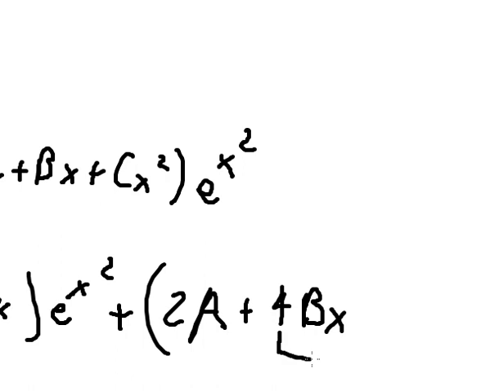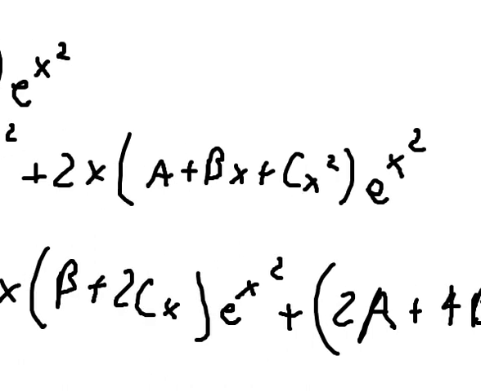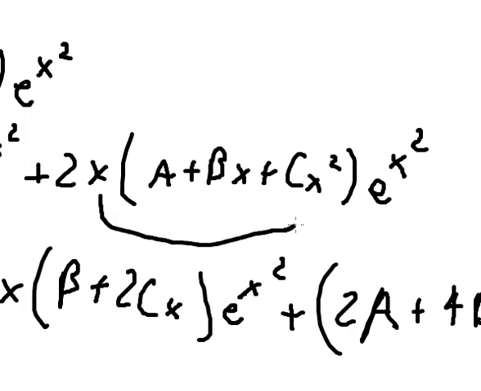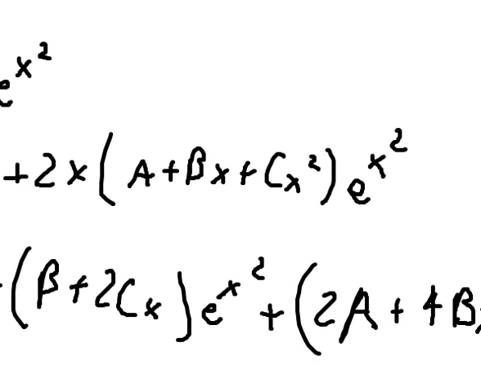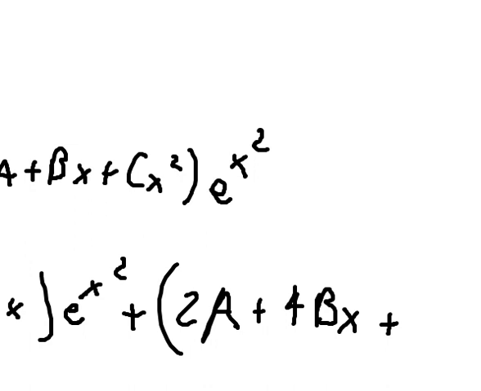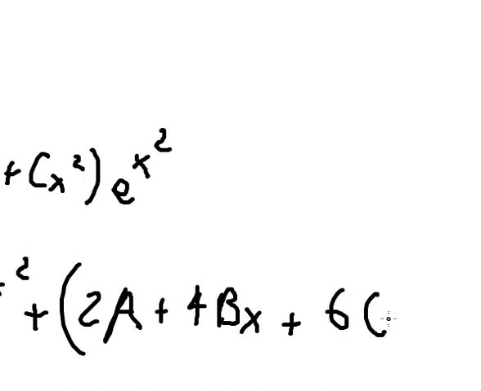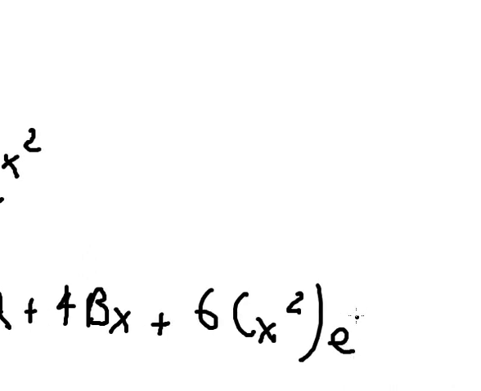So that's why we have this one. And the last one, that is 2s and s squared, so we have 2s to the power of 3. If we do the first derivative of this one, that is 6s squared c, and we have e to the power of s squared.